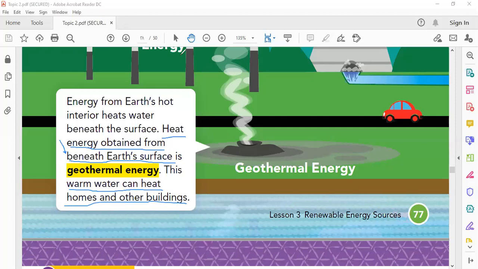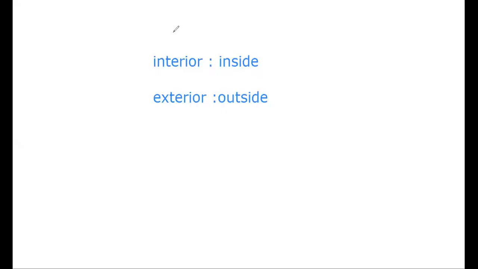Again, this is a summary for our lesson today, inshallah. The title of our lesson, or the main idea, is renewable energy sources. They are called renewable because they can't run out.